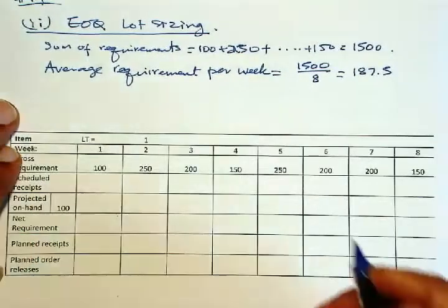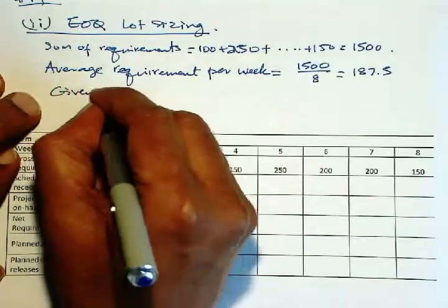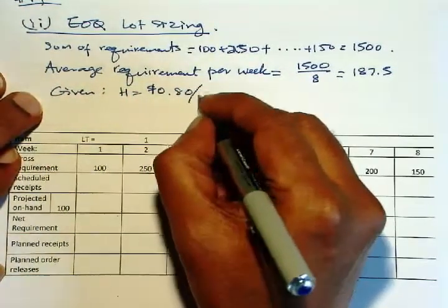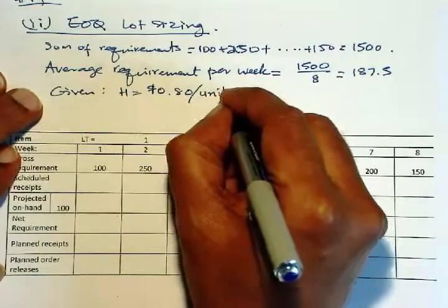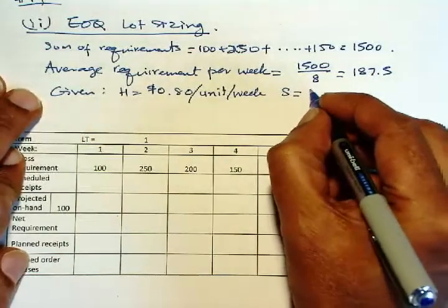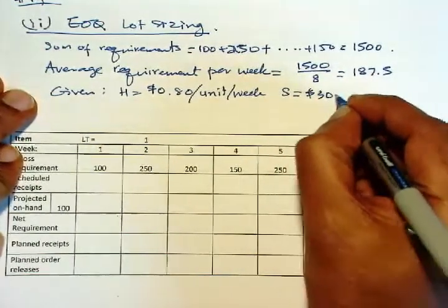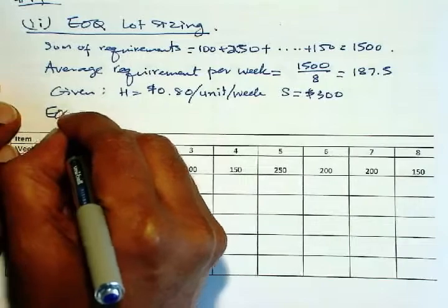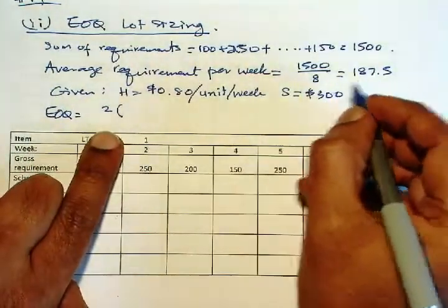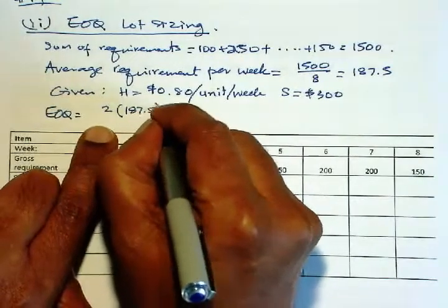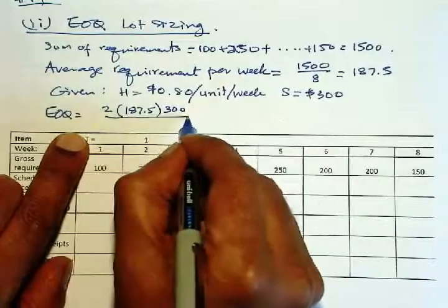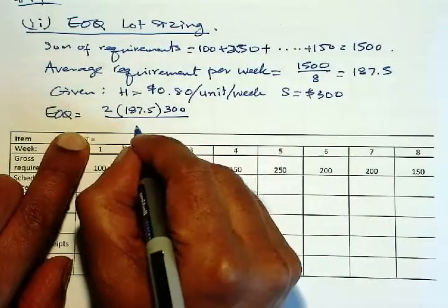Now given H is 80 cents per unit per week and S is $300, EOQ is the square root of 2 times weekly requirement of 187.5 times 300, divided by 0.8.